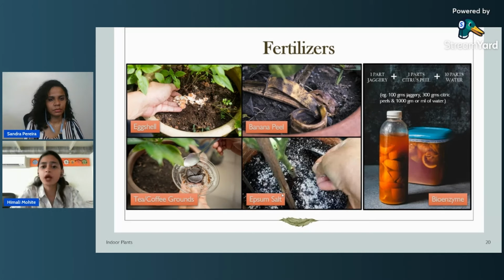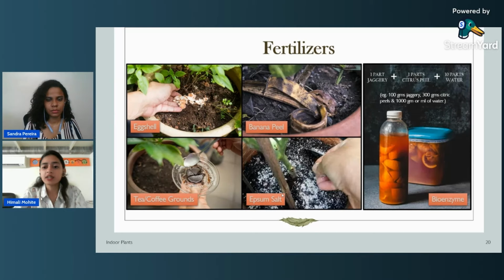Then we can also have bioenzymes. Bioenzymes are sources of natural ingredients which promote good growth to the plants. So we can prepare our own bioenzymes. What we can do is take 1 part of jaggery, 3 parts of citrus peel, and 10 parts of water.